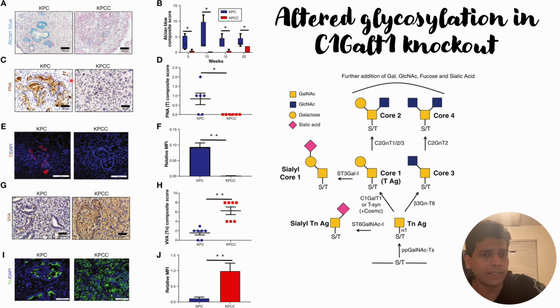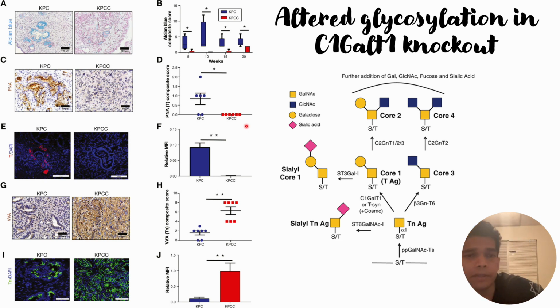And we can see that in the case of KPC there is more presence of sialyl core 1, whereas in KPCC there is less. And when we quantified these images, the difference is quite evident.